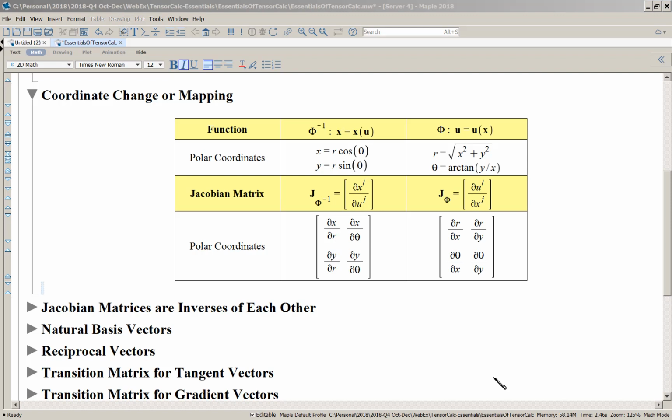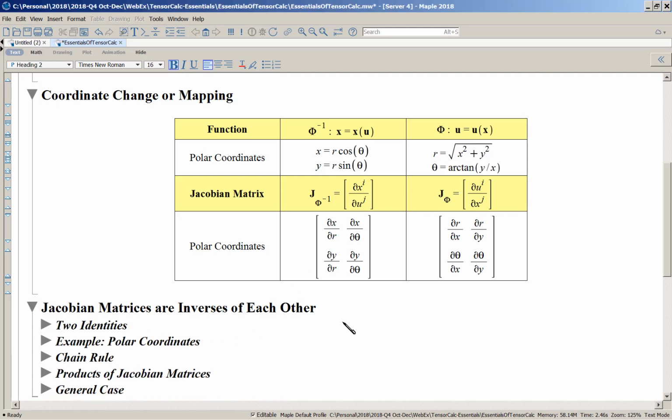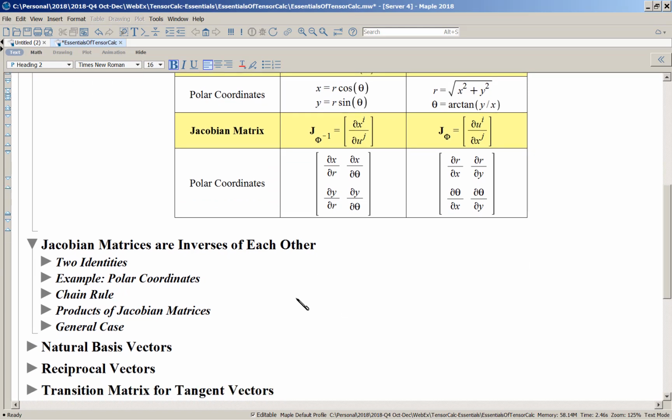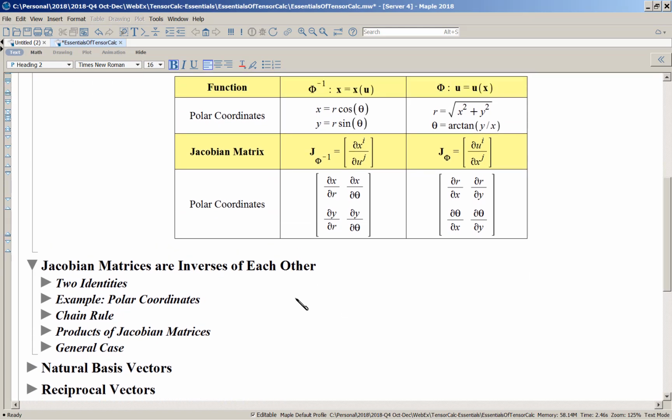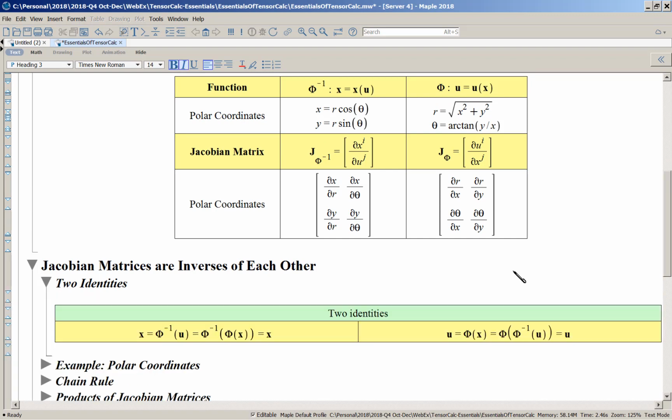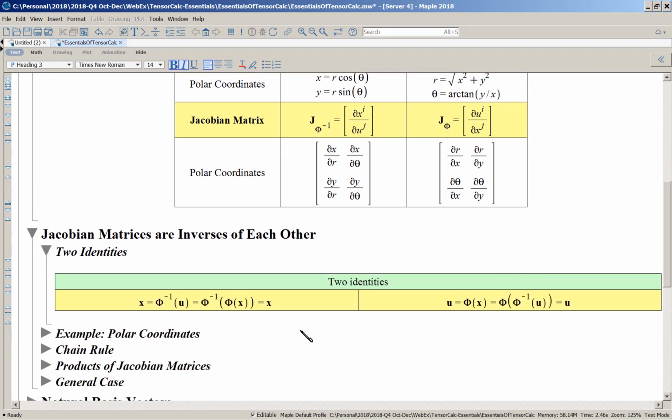Now, an essential fact is that these two Jacobian matrices are inverse as matrices, and that's what we want to explore next. But it takes a few steps to do that. First of all, there are two identities that we need to begin with.